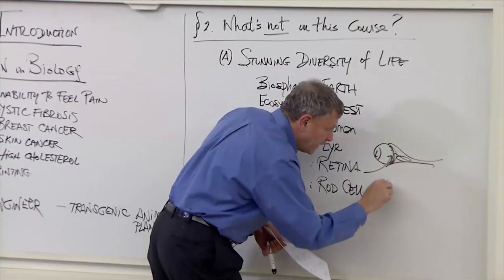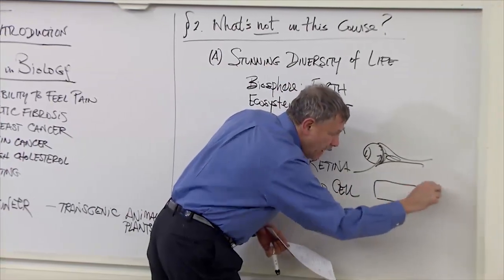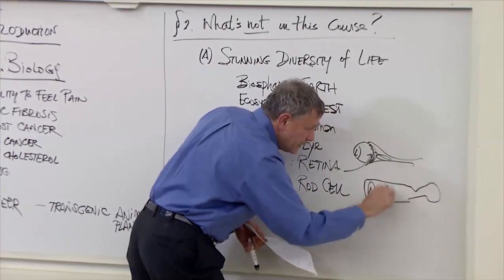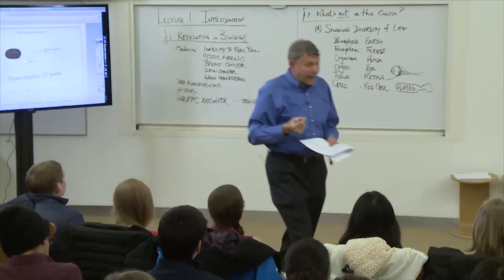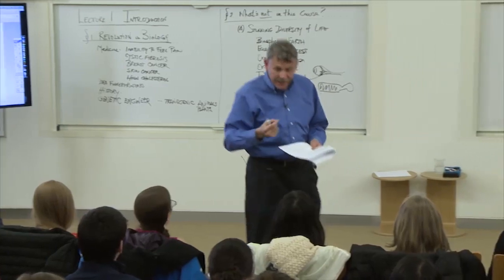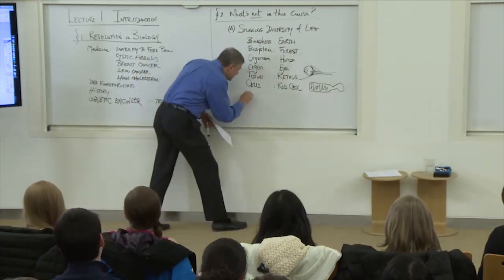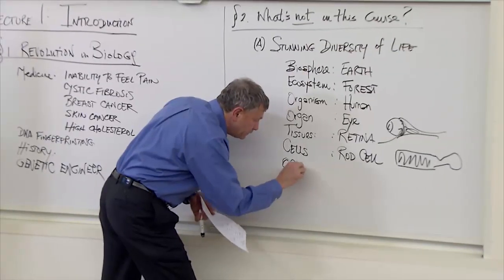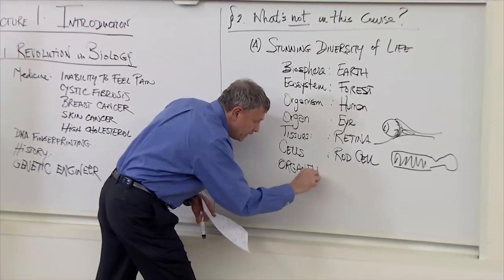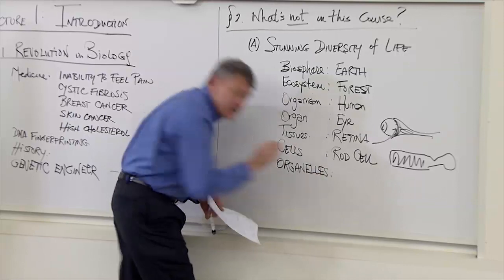A particular funny kind of cell that's involved in being able to receive light and detect light. And the cell biology of rod cells could be really interesting. You can zoom into a higher level and study organelles within the cell, subcomponents of the cell.